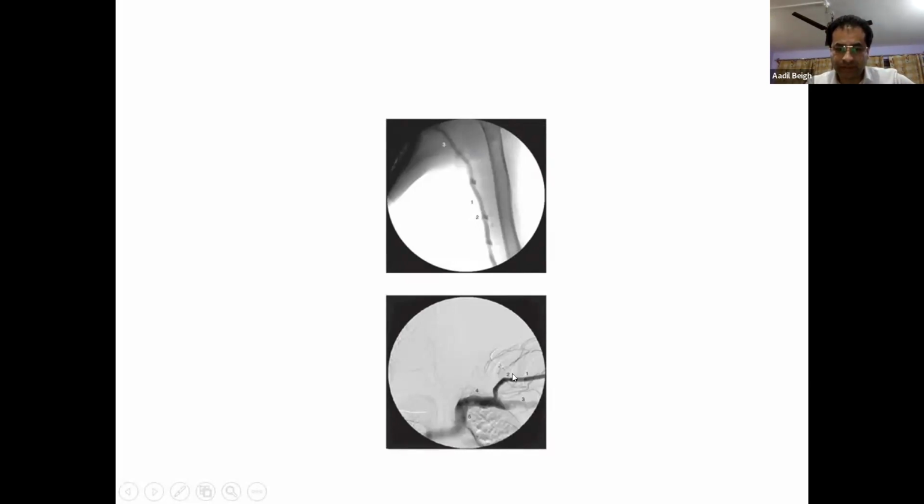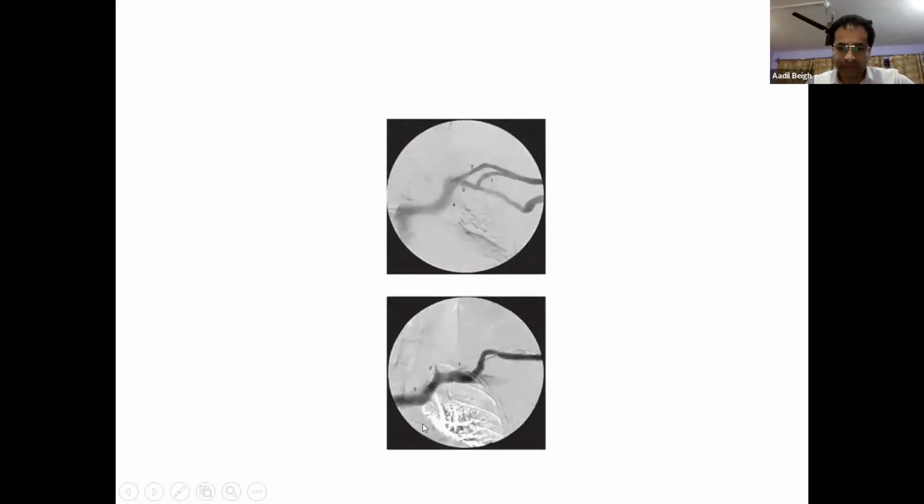So this is the cephalic arch joining the axillary vein, forming the subclavian vein. So this is the left brachiocephalic vein, and it will join the opposite brachiocephalic vein, forming the superior vena cava. This is the same thing. Sometimes there are multiple cephalic arches.